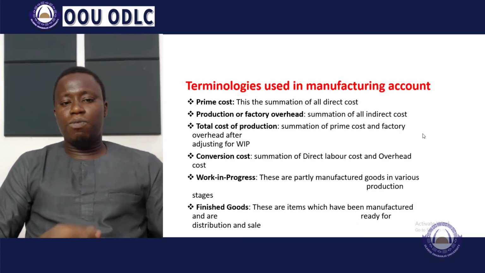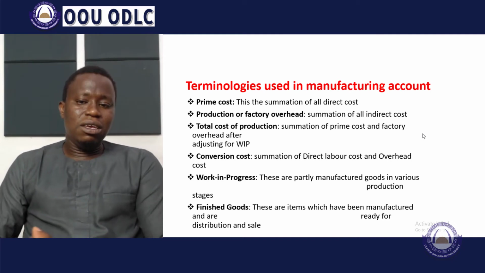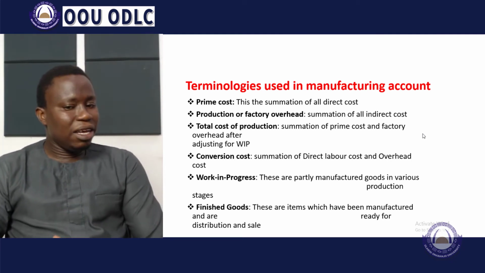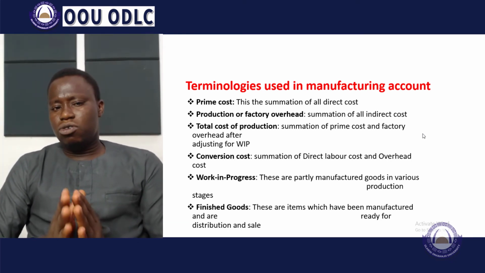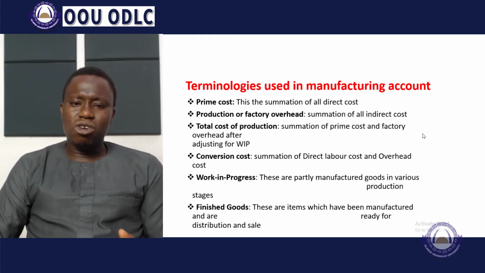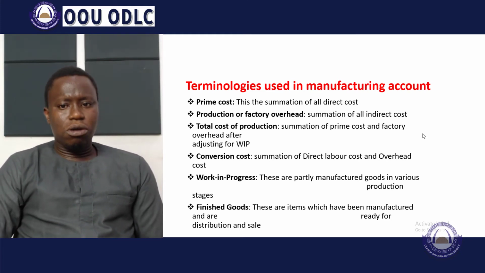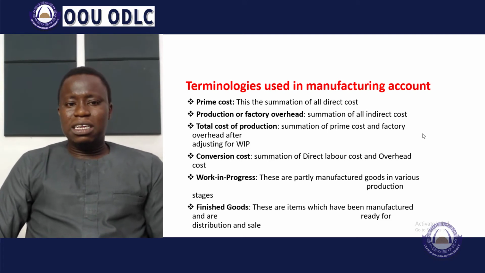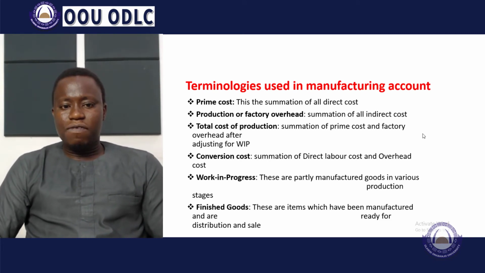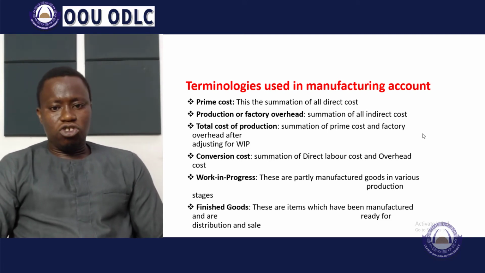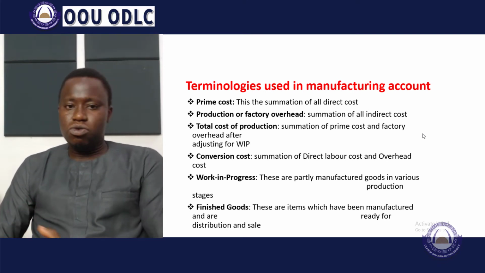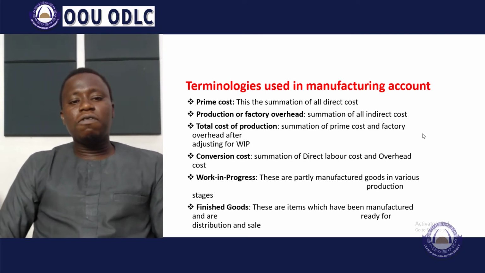So they are products that are partly finished. So your total cost of production is the summation of your prime cost plus your factory overhead, after you have adjusted for your work in progress. You will understand this better when we go to the illustration aspect of this topic.